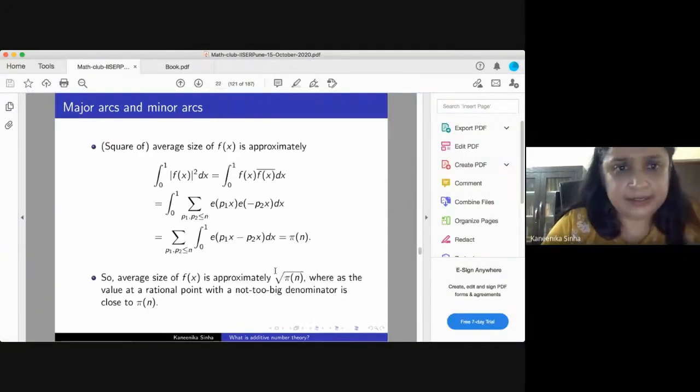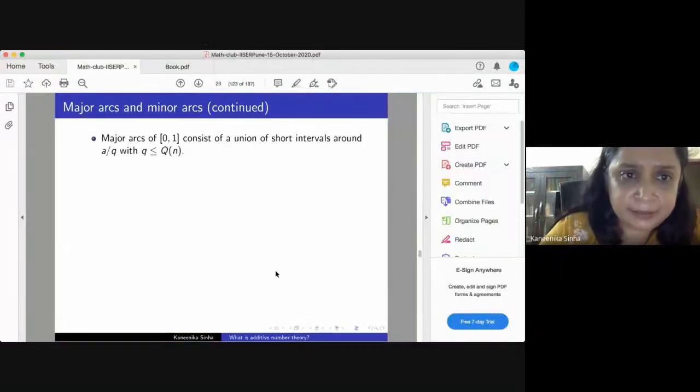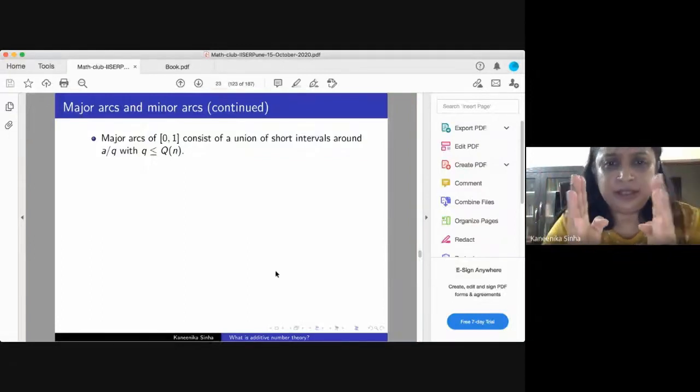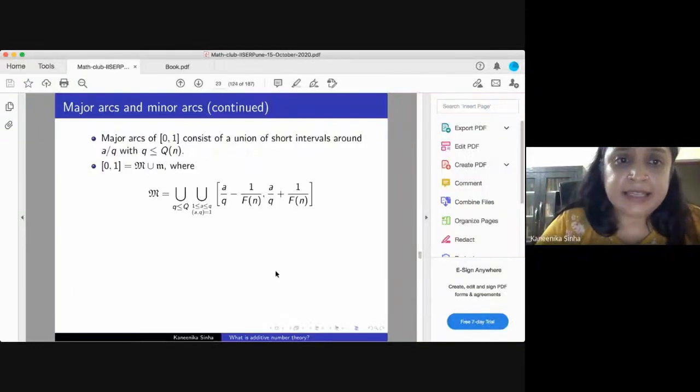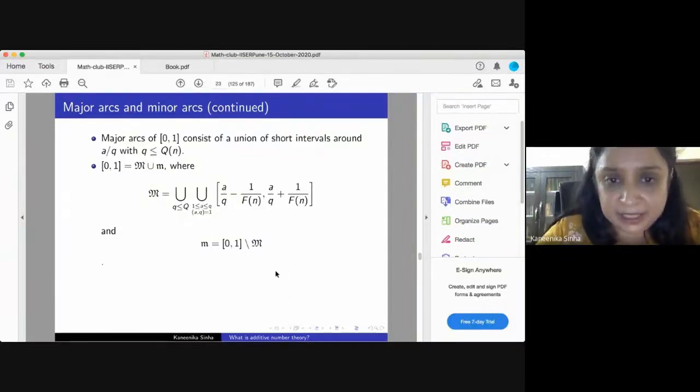Okay, so this you go on and you calculate the major arcs. Now at this point it becomes technical, but the essential idea is you classify those rational numbers with bounded denominators, and you construct very short intervals around them, and these are your major arcs, and then the minor arcs are whatever is left behind after you take away the major points.